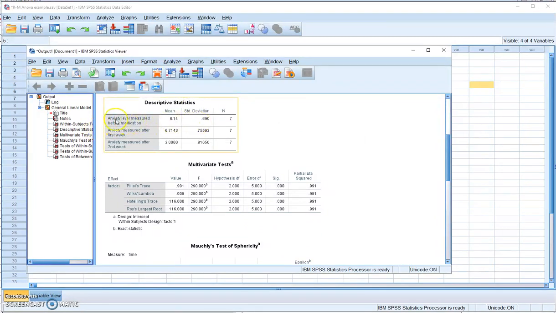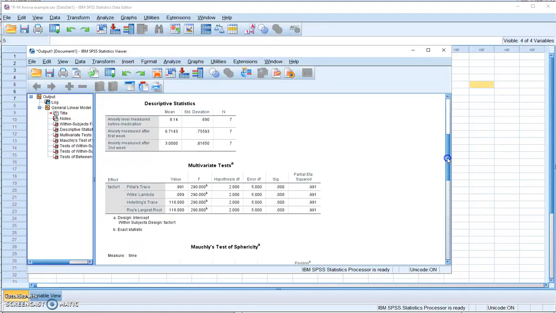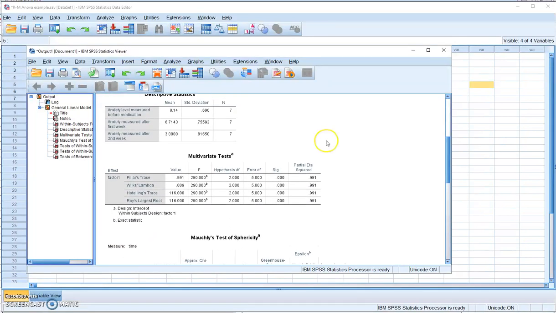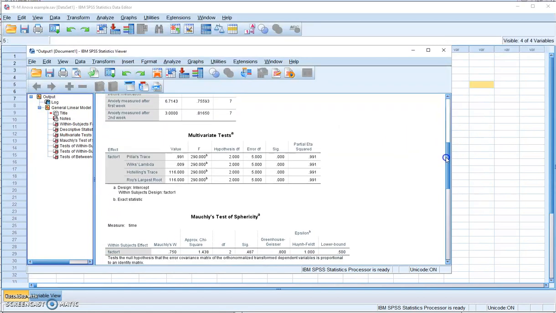For each time the anxiety is measured, you're given the mean and standard deviation within that particular trial. And we always have equal sample sizes because this is repeated measures ANOVA. If anyone dropped out, you will have to delete the individual's data from all repeated measures.